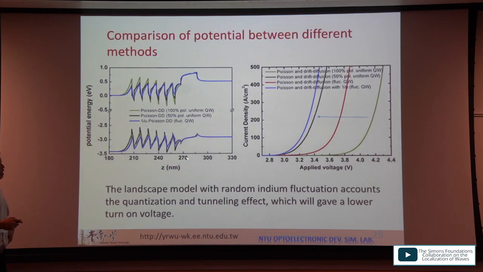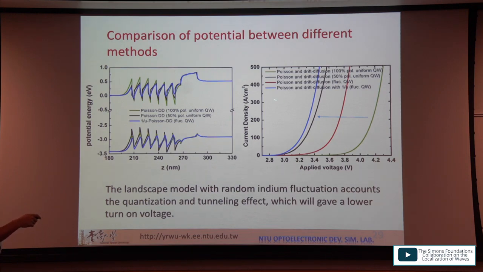If we go to the IV curve, you can find that the IV is significantly reduced if we consider the landscape theory, the blue one. If we just consider Poisson drift diffusion, also including the fluctuating potential, this is the first paper we published, the red line.